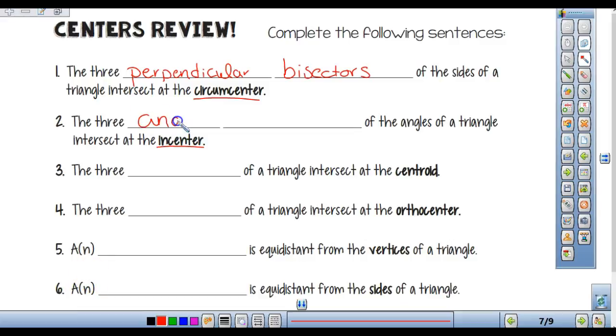Angle bisectors, good. What creates my centroid? Medians. And what creates my orthocenter? Altitudes, there you go.